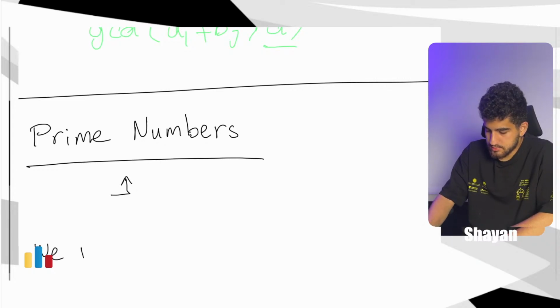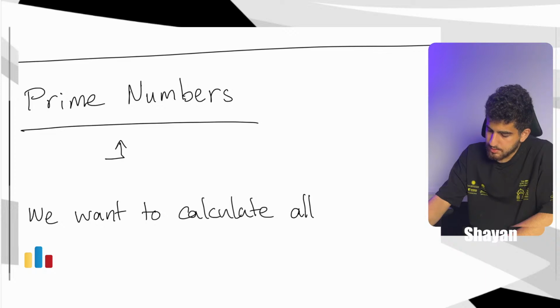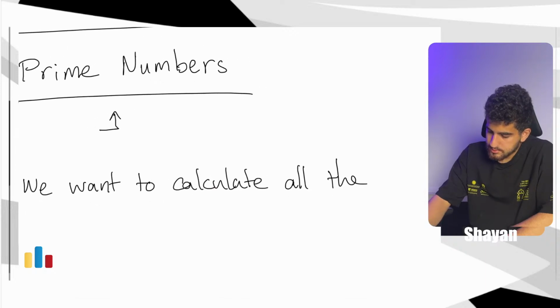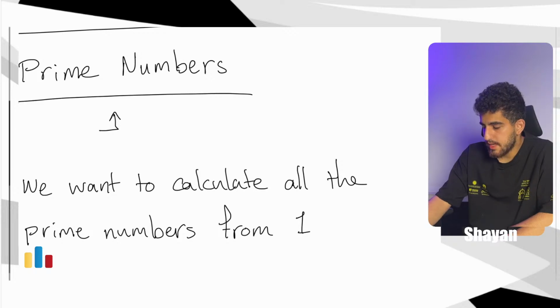we want to calculate all the prime numbers from 1 to some n.